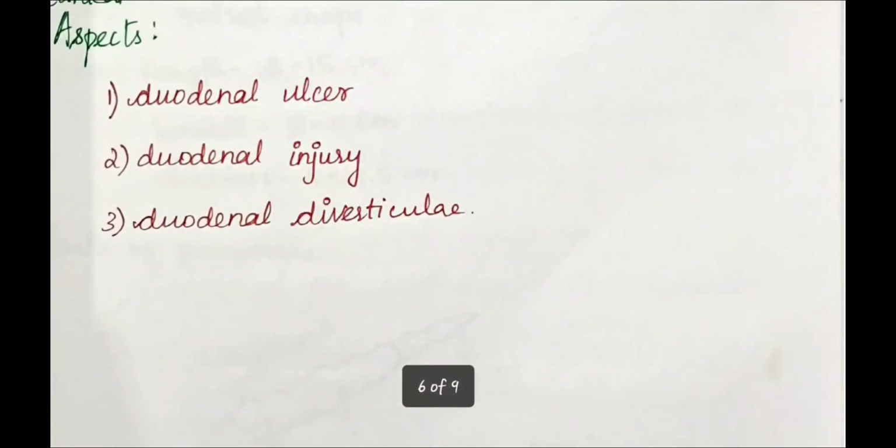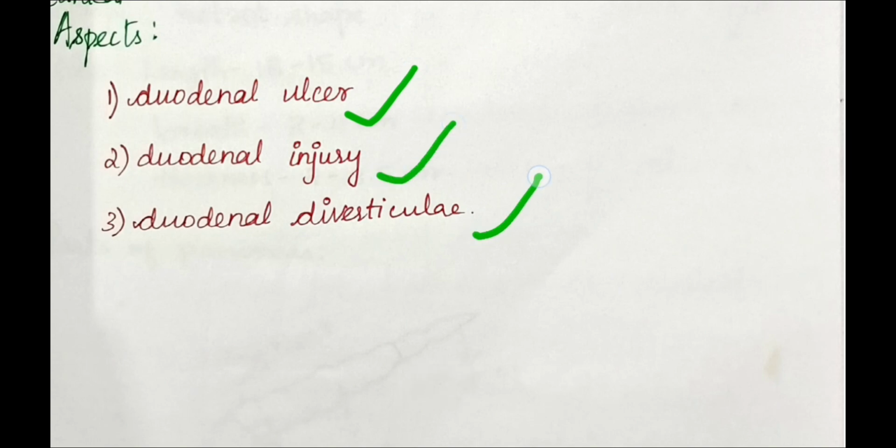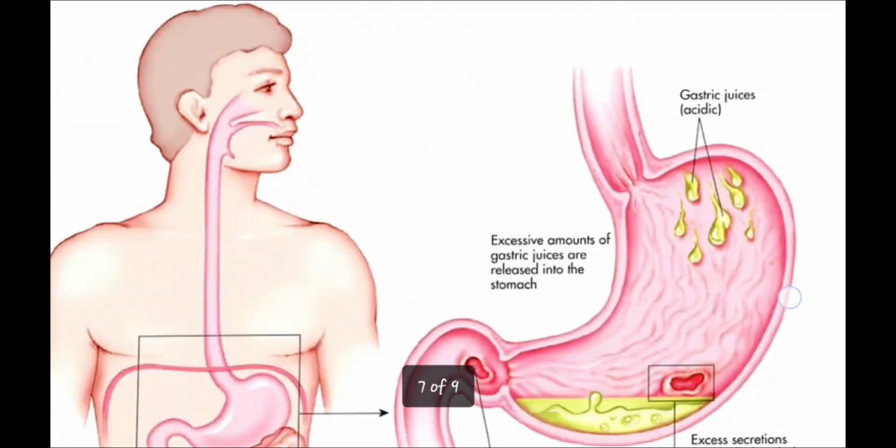Coming to the clinical aspect. First is duodenal cancer, duodenal injury and duodenal diverticula. So first coming to the ulcer. As we know, the lining of the duodenum gets injured due to infections or hypersecretion of HCl, acidic conditions. That is referred to as the duodenal ulcer.